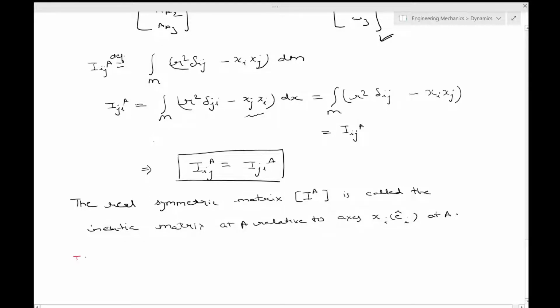Let me put that in red so that you can also verify it through some other way. In general, H_A is not in the direction of omega. One easy way to see if something is in the direction of another vector is just to take a cross product.